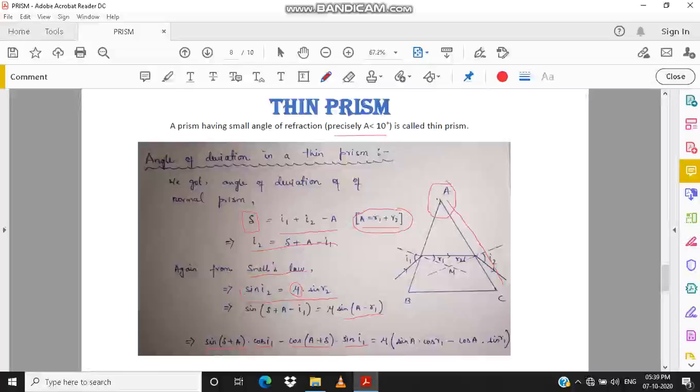We are aware of that, right? So we just break this equation using the trigonometric formula. Similarly this one, sine A minus B, is again broken into the trigonometric formula like this, right?